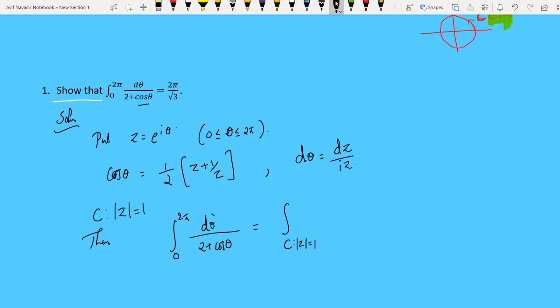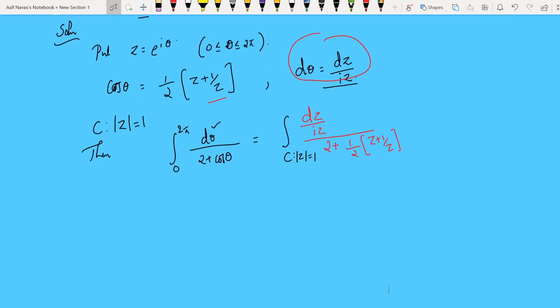We substitute d theta as dz divided by iz, the whole divided by 2 plus cos theta. Instead of cos theta you can write 1 by 2 into z plus 1 by z. So now our integral becomes a complex integration, and we will simplify this.